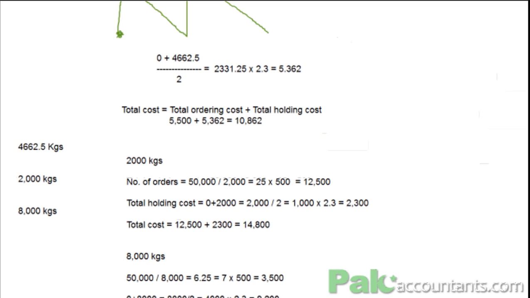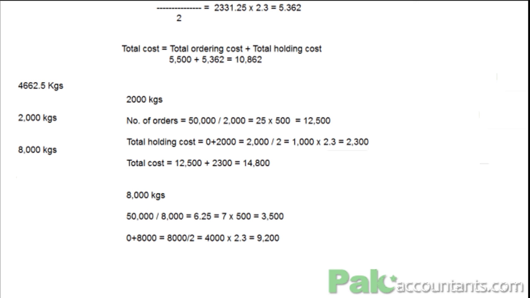Okay, so your total cost is 9,200 plus 3,500, which is 12,700. Now you see, here we have 14,800, where in our previous economic order quantity basis it was 10,862, and here also it doesn't solve the problem.